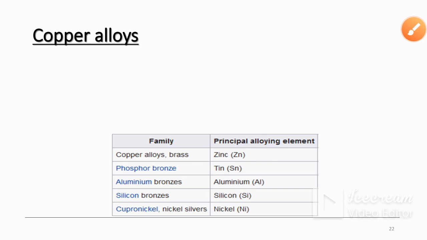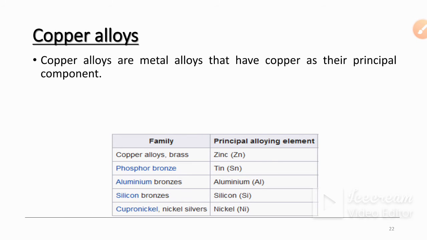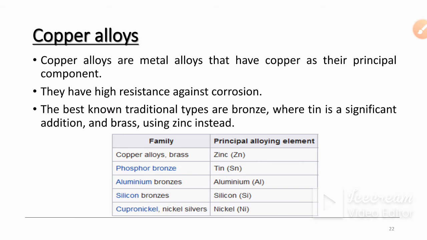Next, copper alloys. Copper alloys are metal alloys that have copper as their principal or main component, and they have high resistance against corrosion. The best known traditional types of copper alloys are bronzes, where tin is significant, and brasses, using zinc.